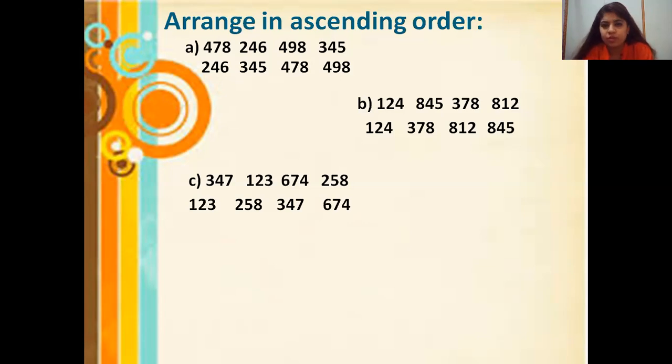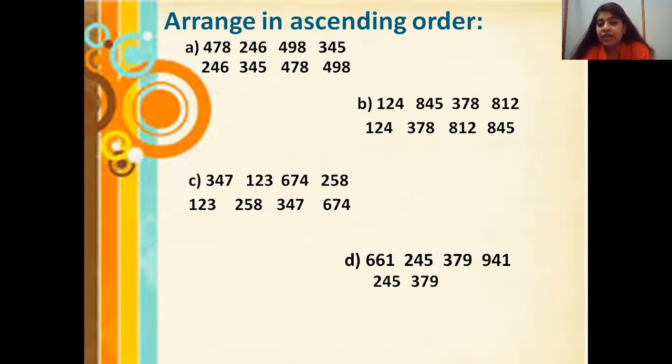Now I have one more question on my screen. I have the numbers 661, 245, 379 and 941. Now which is the smallest number among these four numbers? Look at the hundreds place. It is 245. Now what comes after 245?